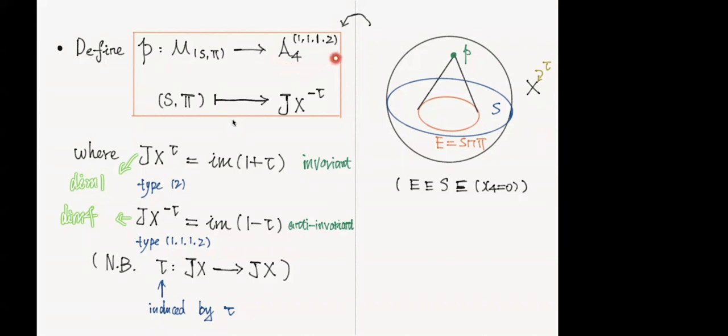So this target, A4 1112, simply means the polarized abelian variety, a pair of abelian variety and polarization, where the type of the polarization is 1112. So then we have this period map.